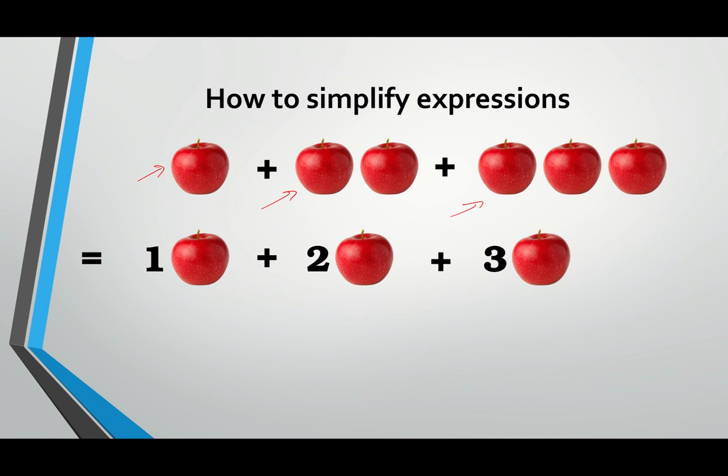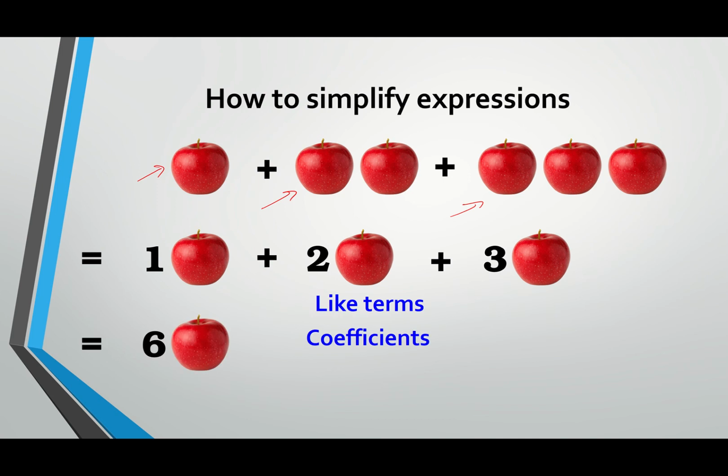You can see that they are all apples and they are therefore like terms. So now we can simplify the expression by adding up the coefficients of the terms. If I have 1 plus 2 plus 3, I will have 6 apples. So you add the coefficients, right? We have 1 plus 2 plus 3.